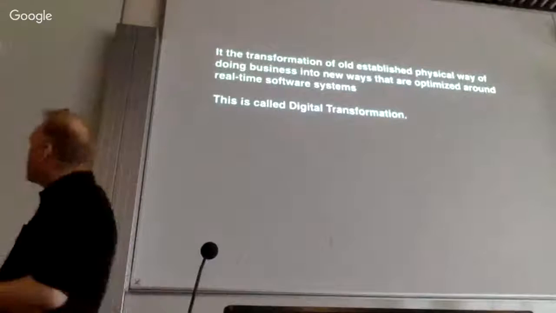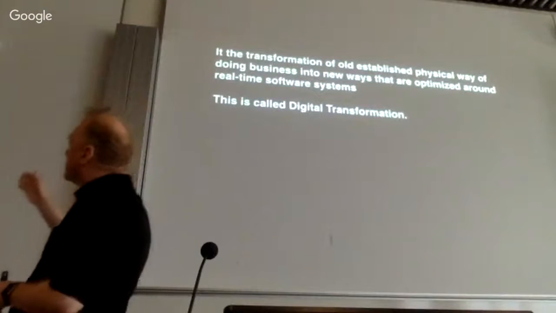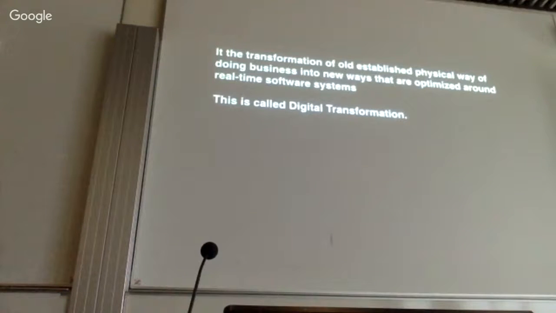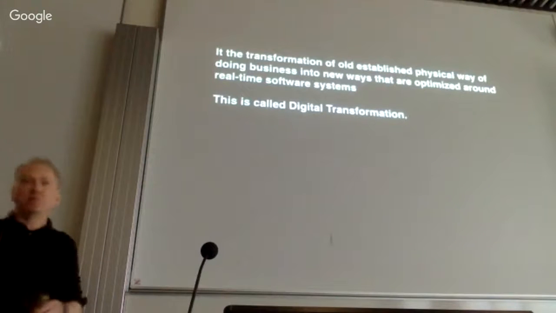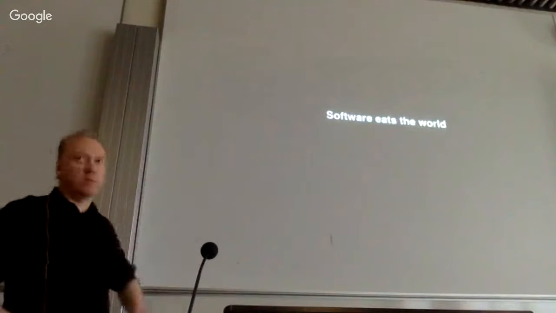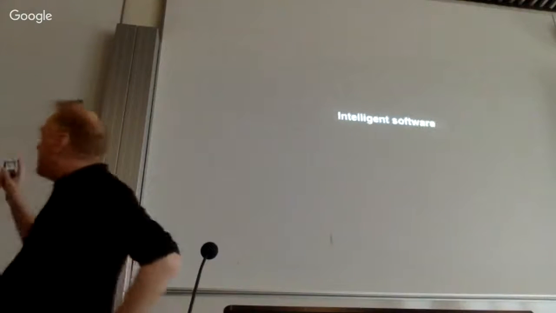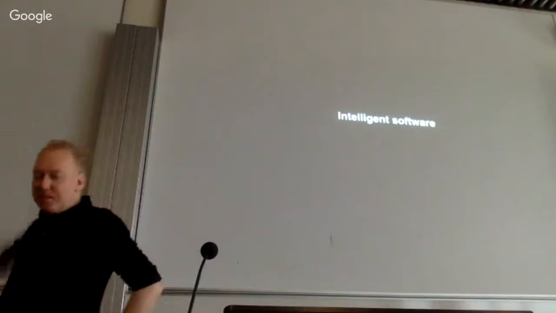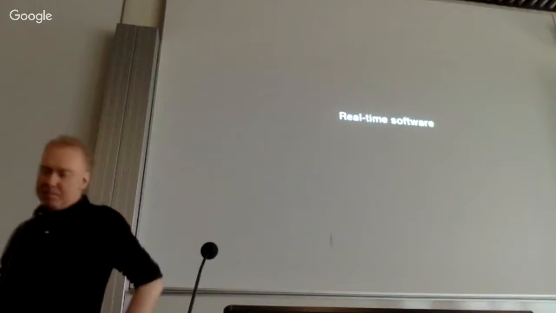And this guy says retail is going away. It's going to change. And I did the research, and I know. And I will talk about this later. So we are changing businesses in new ways. They're optimized around real-time software. So software eats the world. That's the key. Machine learning, intelligent software. It has to be real-time.